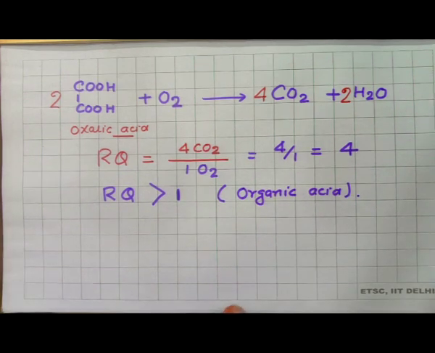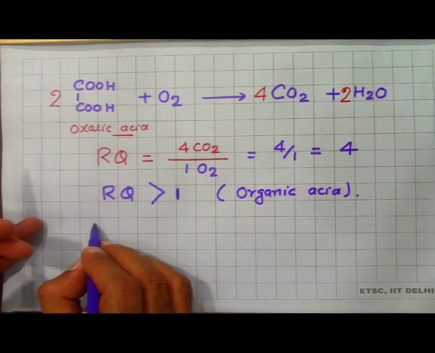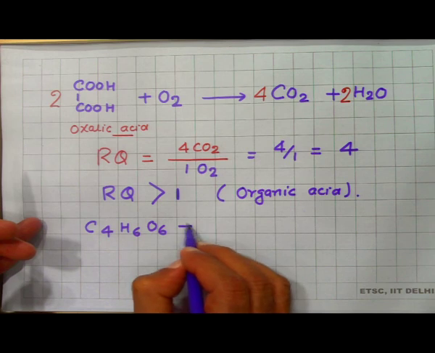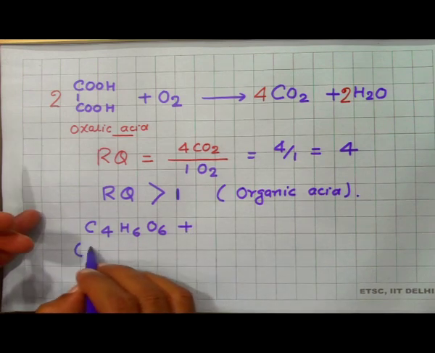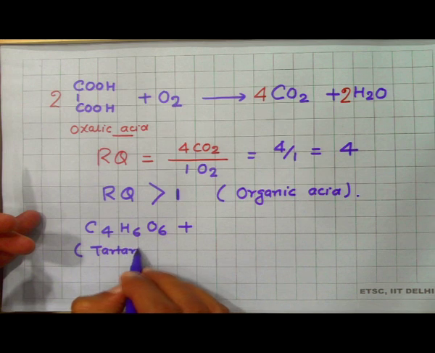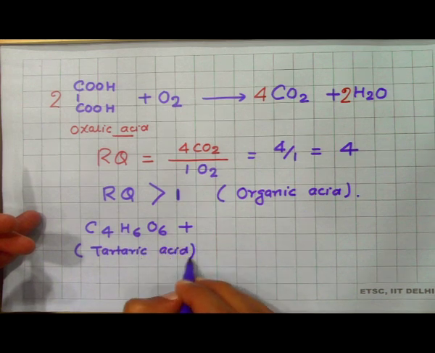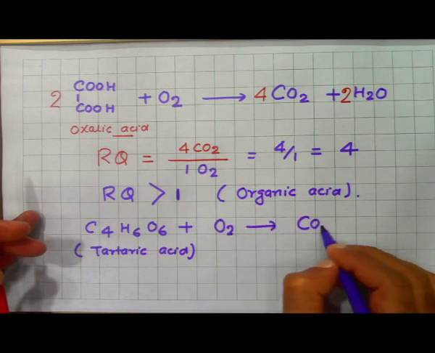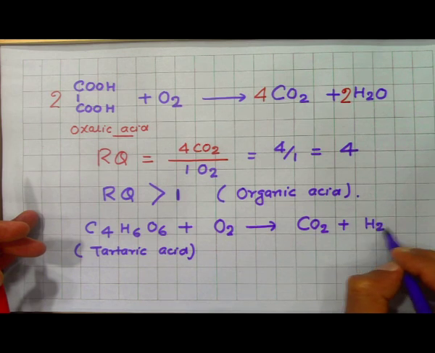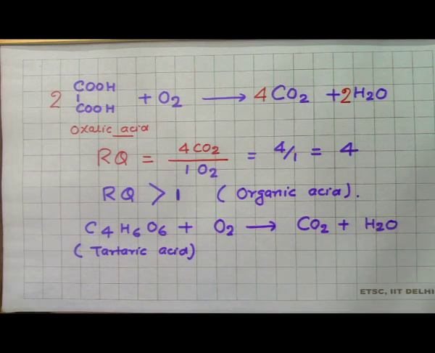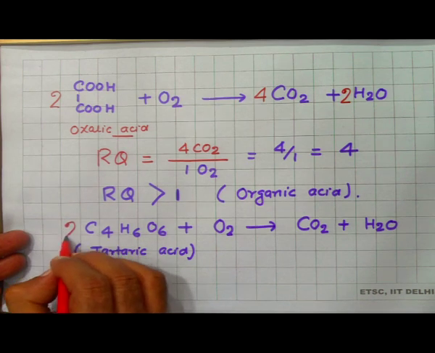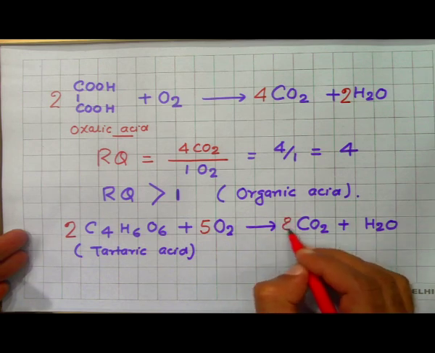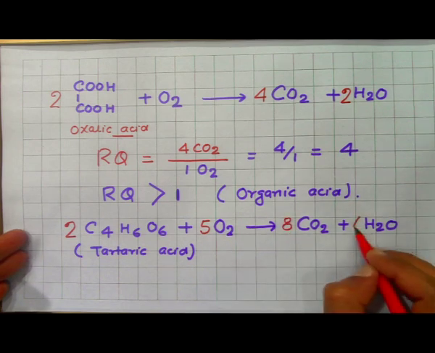Let us give another example of organic acid, like C4H6O6, which is tartaric acid. When it combined with oxygen, what happened? It also gives carbon dioxide and water, no doubt. When we balance this reaction, 2 molecules of tartaric acid combined with 5 molecules of oxygen give 8 molecules of carbon dioxide and 6 molecules of H2O.